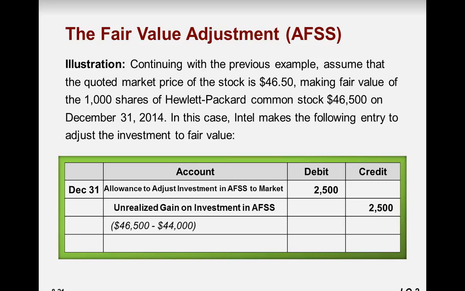It's unrealized because we have not sold the stock. Keep in mind, too, that this allowance to adjust investments is a contra account. It's contra to the investment itself. But as you saw, we either debit or credit it. We debit it if we have a gain. We credit the allowance account if we have a loss.